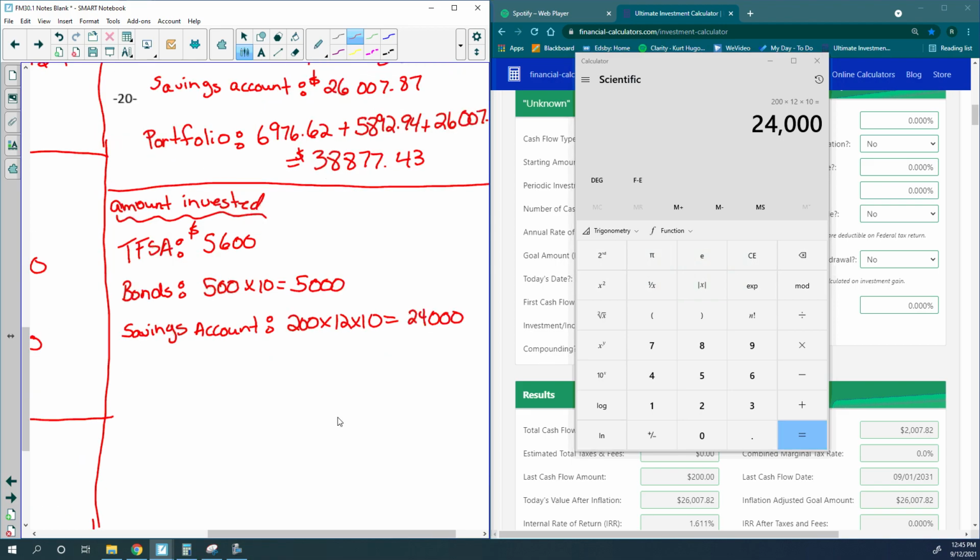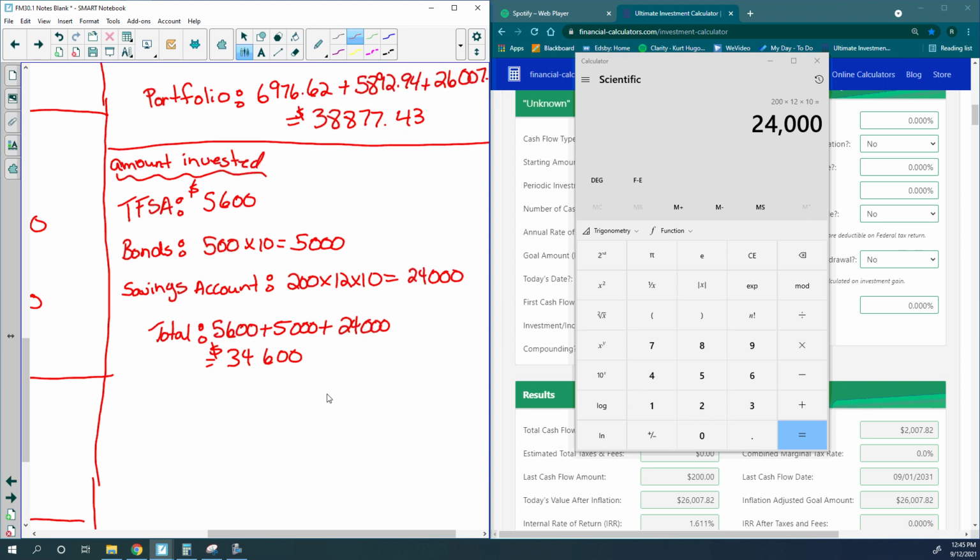The total invested is 5,600 plus 5,000 plus 24,000, which is 34,600. So she invested 34,600.